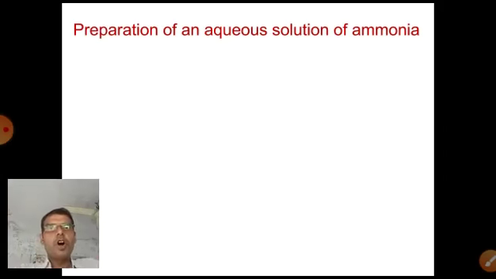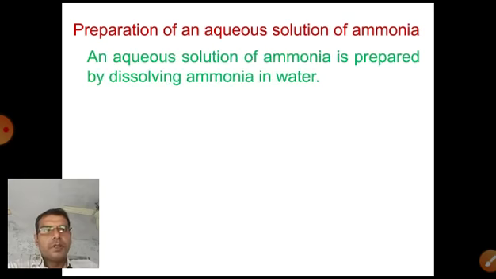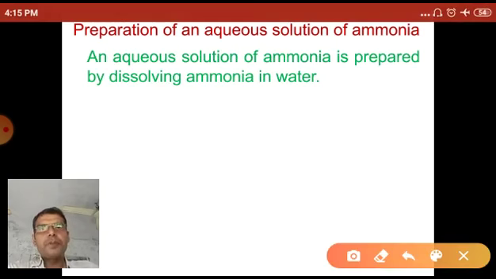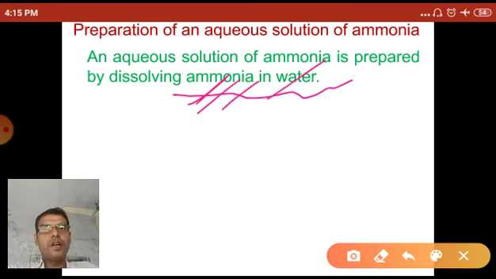Now, the next topic: preparation of an aqueous solution of ammonia. An aqueous solution of ammonia is prepared by just dissolving ammonia in water. But it is not a simple method, because ammonia is highly soluble in water.